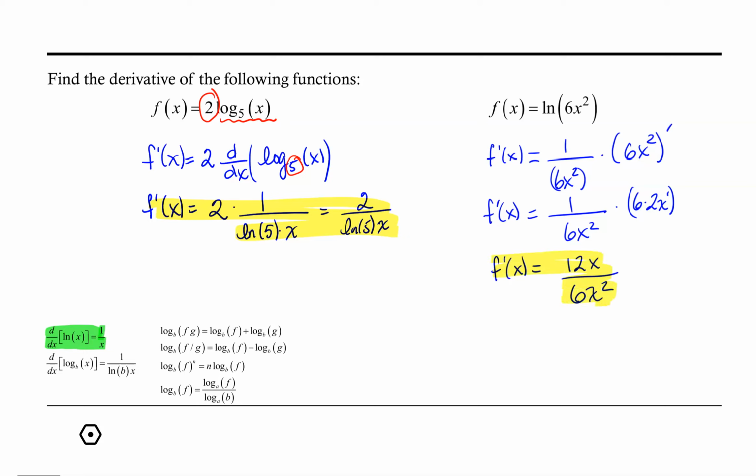So 12x over 6x squared is our derivative, and of course we can simplify that just a touch more by dividing out an x from the numerator and the denominator, in which case we would end up with 12 over 6x. Also a representation of our derivative. I hope this is helpful.